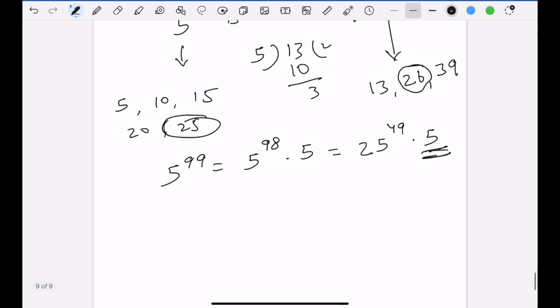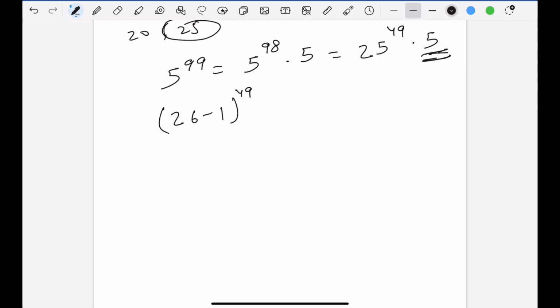Okay. So 25 to the power 49 can be written as 26 minus 1 to the power 49. Now we expand this using the binomial theorem.